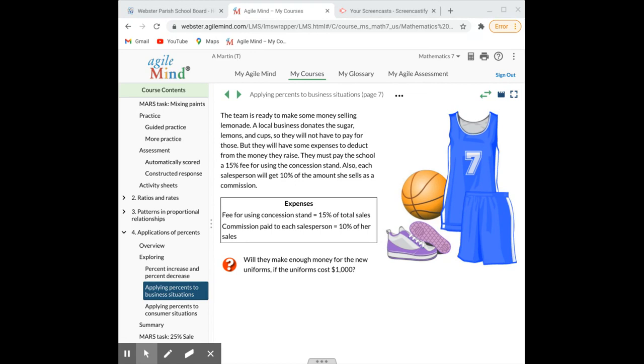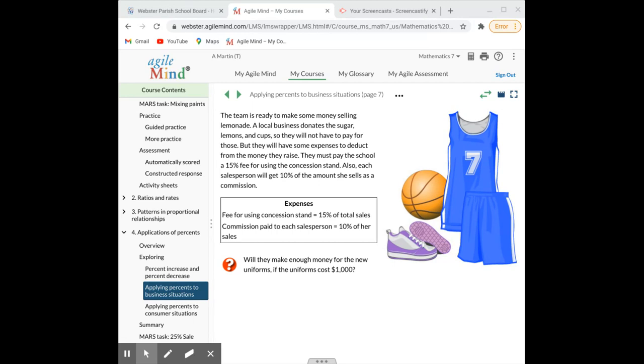Remember, this is page 121 in your workbook. I want you to read that whole entire page on page 7.